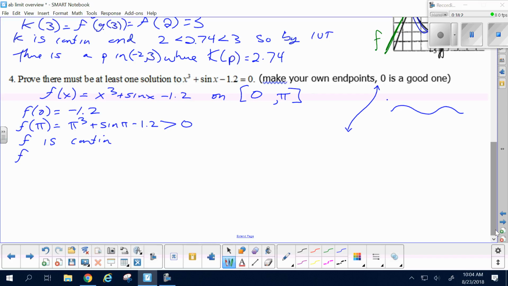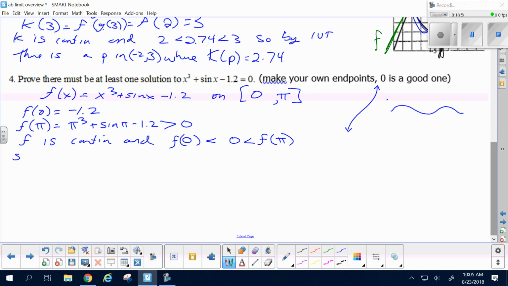f is continuous, and that 0 is between these 2 points. Now you could call them negative 1.2, but I'm starting to get myself a little wordy here. That 0 is between f at 0 and f at pi, because it's between negative and positive.